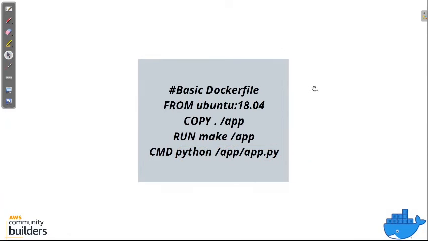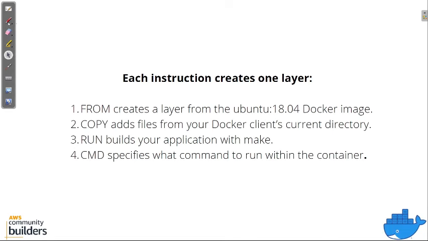Next, you can see each instruction creates one layer. From will define the base layer, then copy adds files from your Docker client's current directory, right?